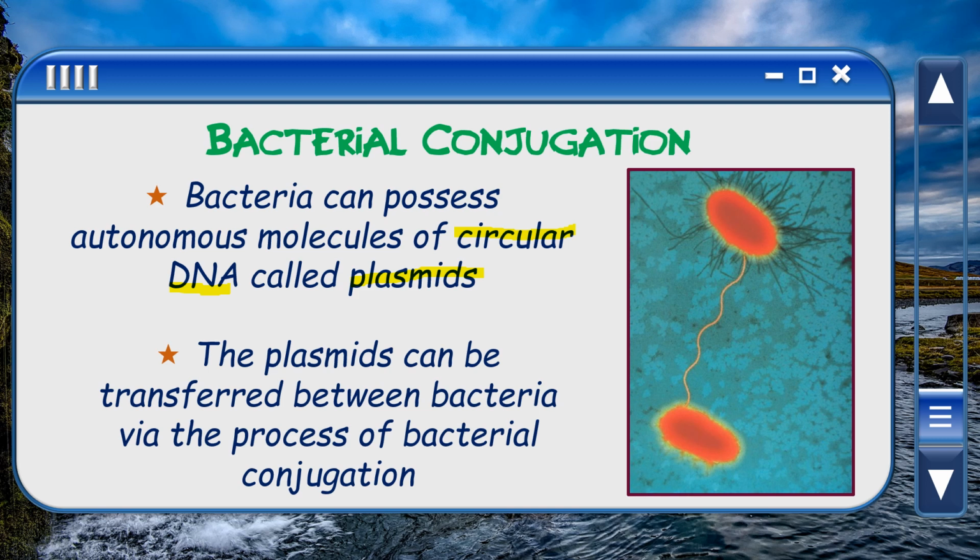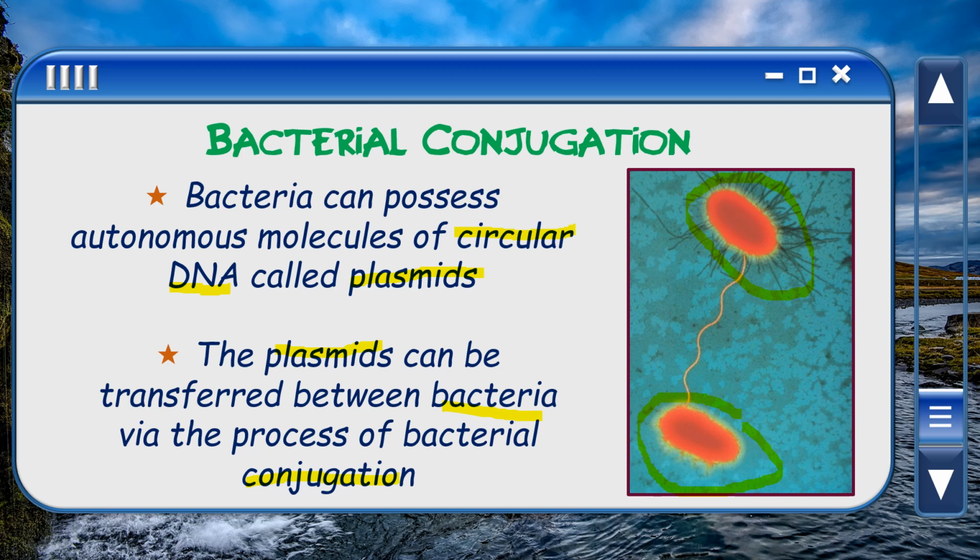The plasmid can be transferred between bacteria, and this is done by the process of bacterial conjugation. When you look at this one, we have a bacterium here and another bacterium.